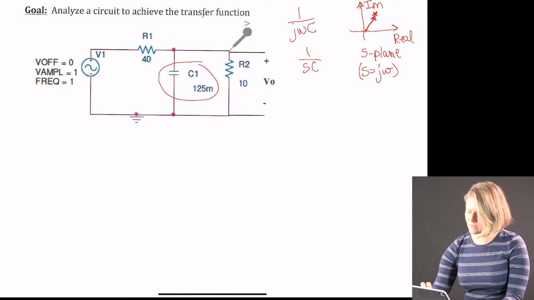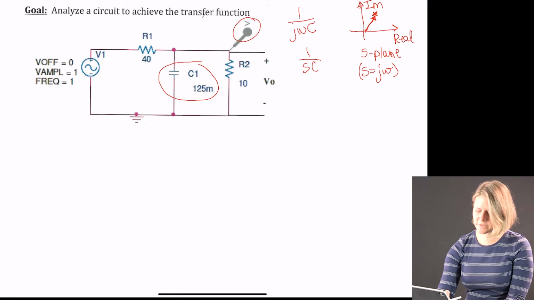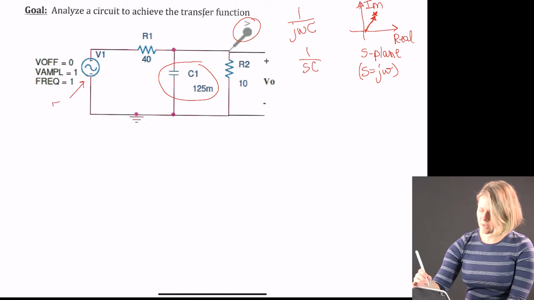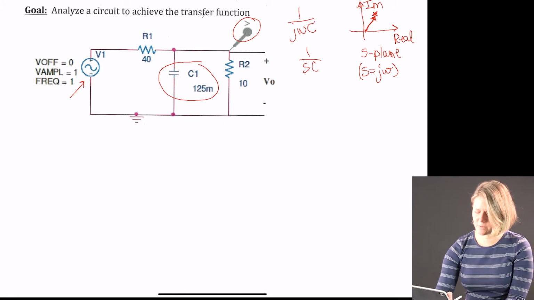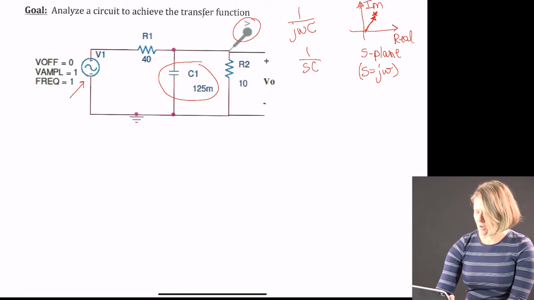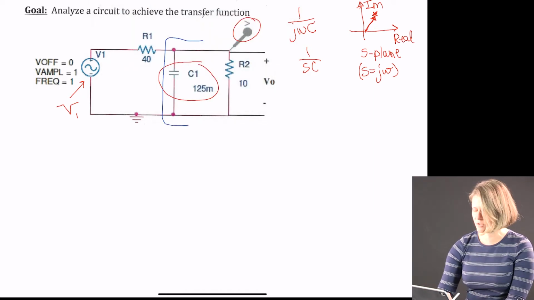Analyzing this, we want to find the voltage here, and we're going to treat this as a polar form of V1, which will be the phasor of V1. We see that these two are in parallel: C1 is in parallel with R2.